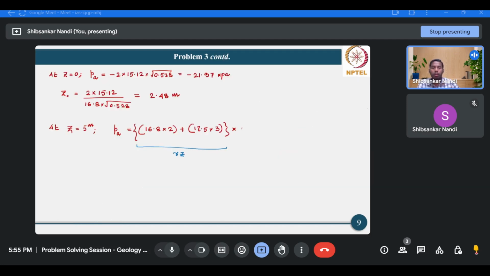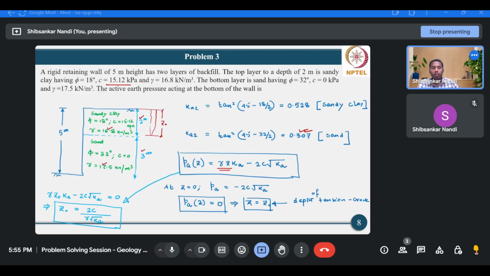So 0.307 minus 0, because the second layer is sand, so the c value is 0. This part will not be there for the second layer of the backfill.